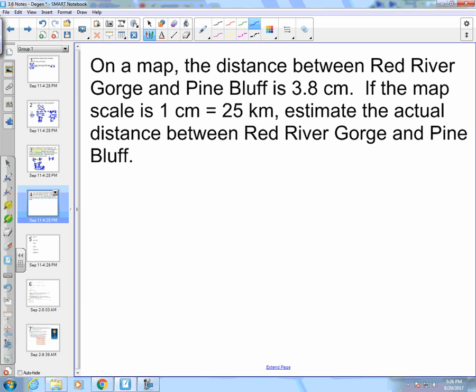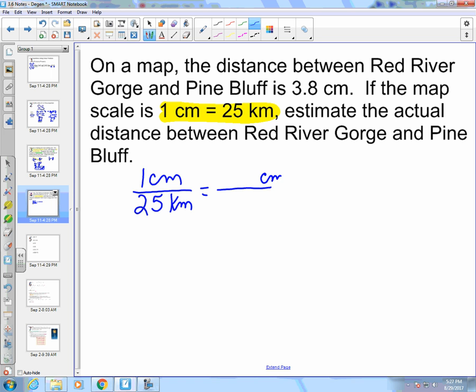On a map, the distance between Red River Gorge and Pine Bluff is 3.8 centimeters. If the map scale is 1 centimeter equals 25 kilometers, estimate the actual distance between Red River Gorge and Pine Bluff. They have given us a ratio. So let that ratio start your proportion. 1 centimeter over 25 kilometers equals.